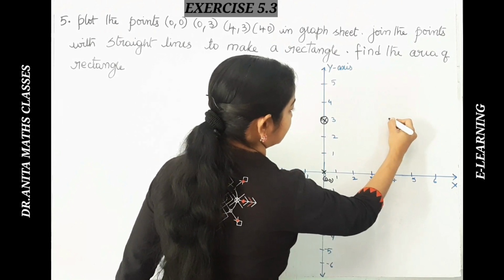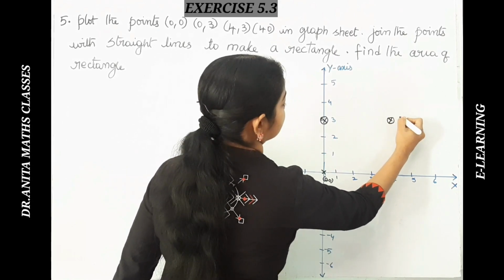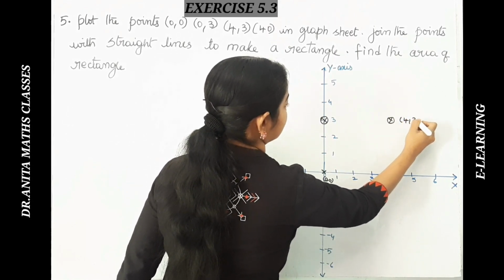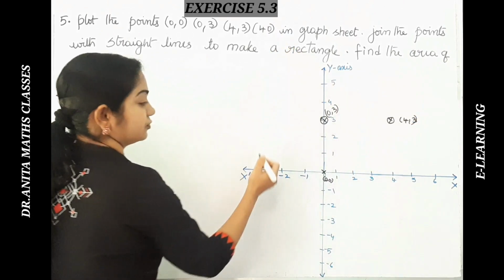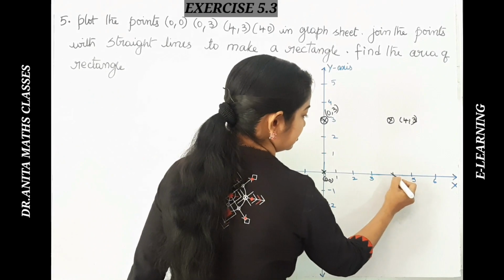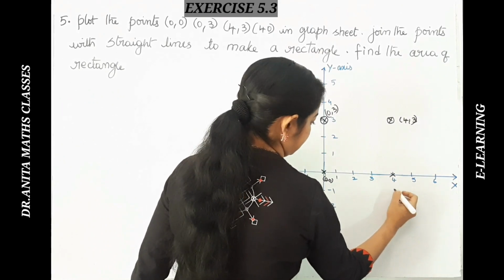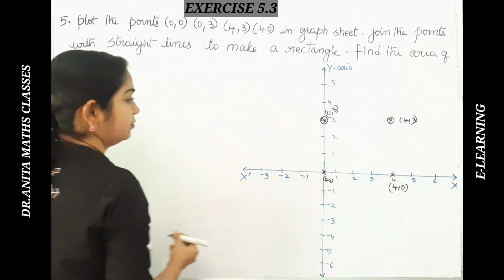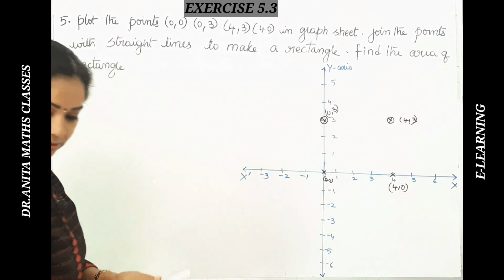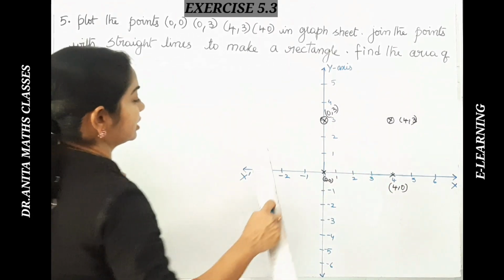Okay. So this point is 4, 3, this is 0, 3, and the last one 4, 0. So 4, 0 is on the x-axis. Okay, so if you join them, you get a rectangle. These are the straight lines.